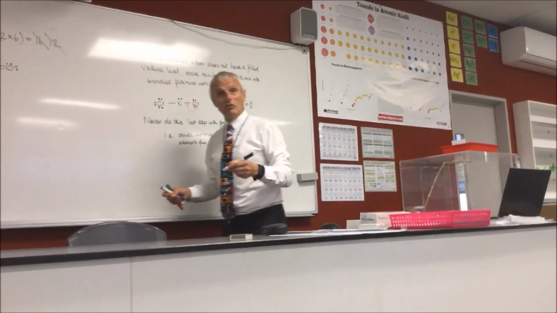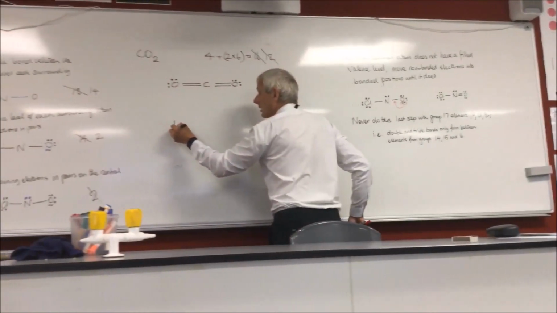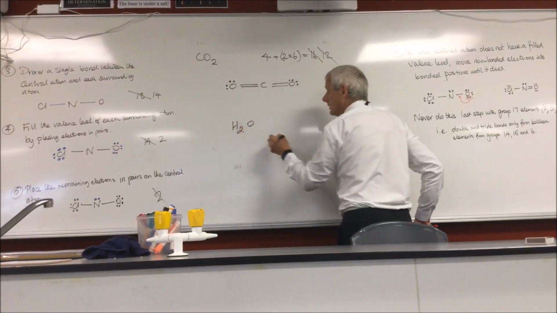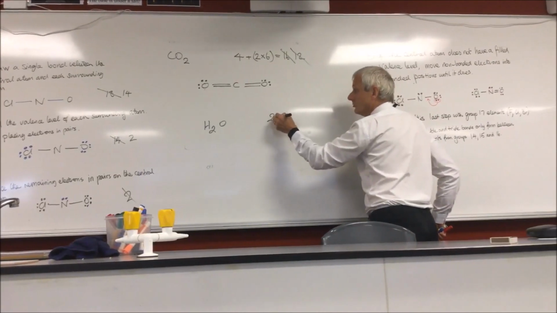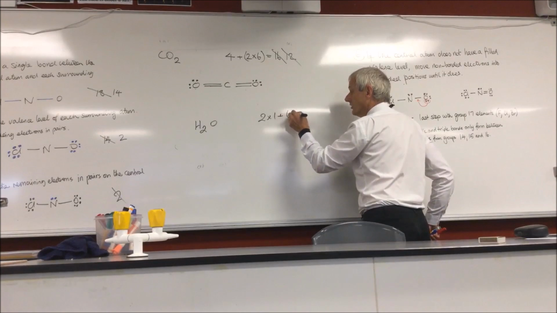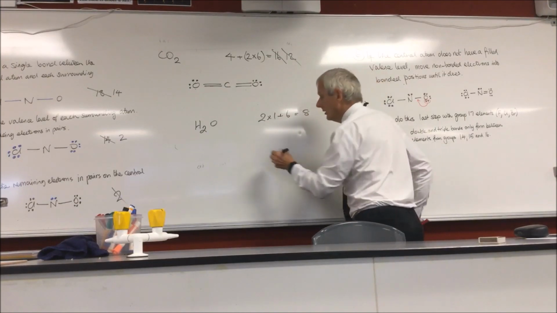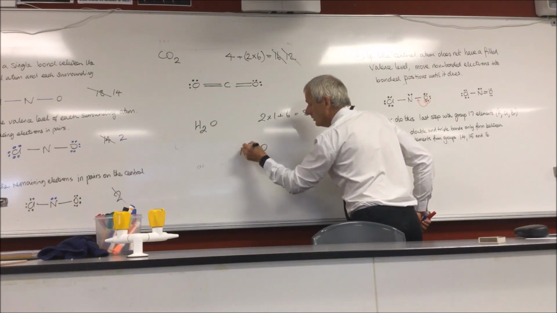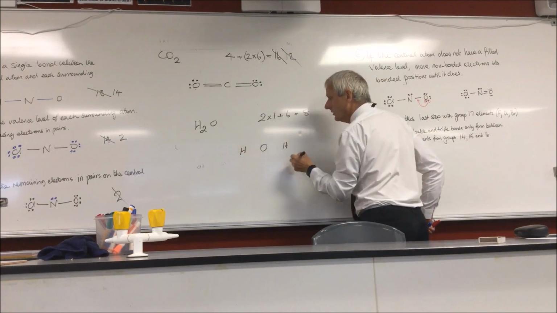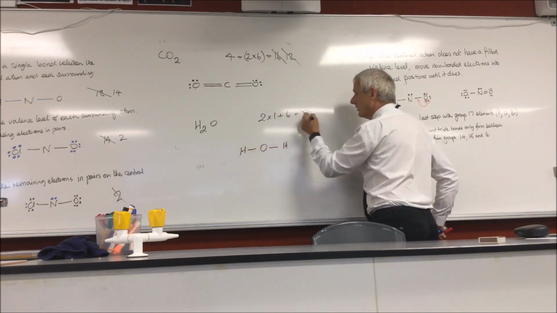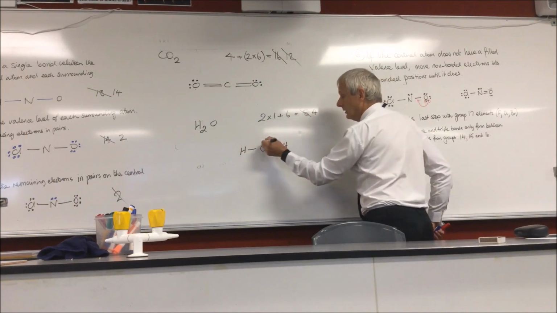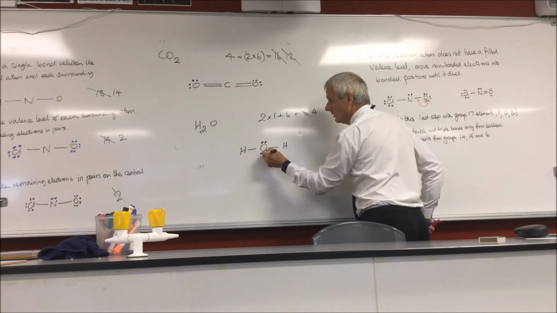Let's do H2O, shall we? Okay, once again, you've got 2 times 1 plus 6, which is 8. So you go oxygen in the middle, 2 hydrogens either side. So you're going to have 2 lines. That goes down to 4. 1, 2, 3, 4.